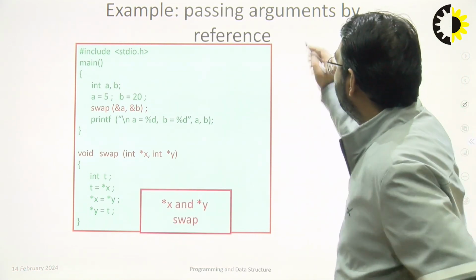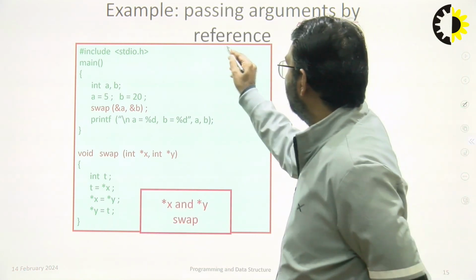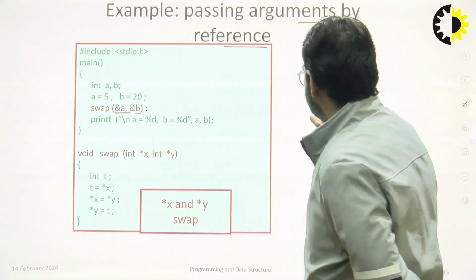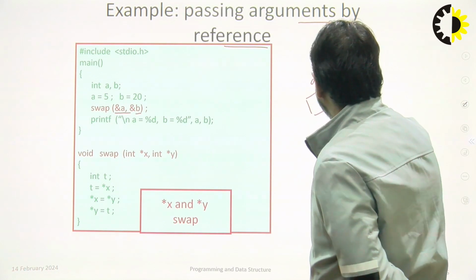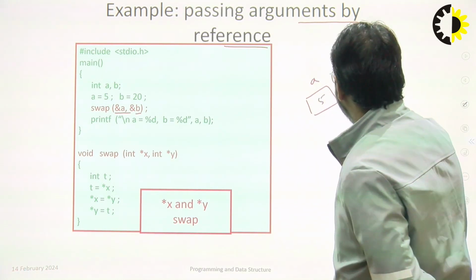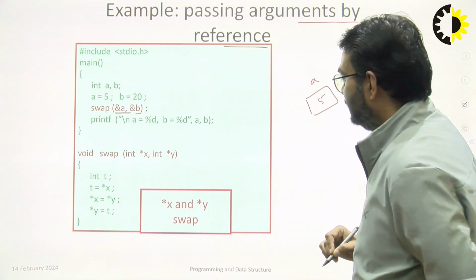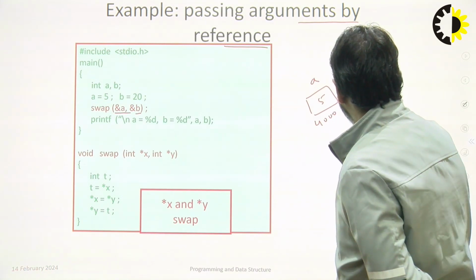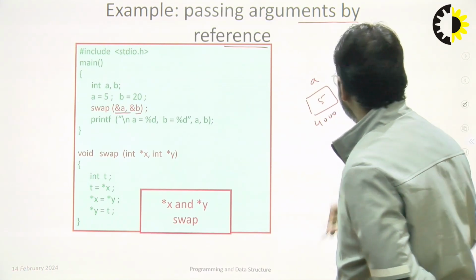Now an example of passing arguments by reference. Here we are passing the addresses of a and b. Suppose a and b are two variables. The value of a is 5, the value of b is 20. Suppose the address of a is 4000 and of b is 4006.